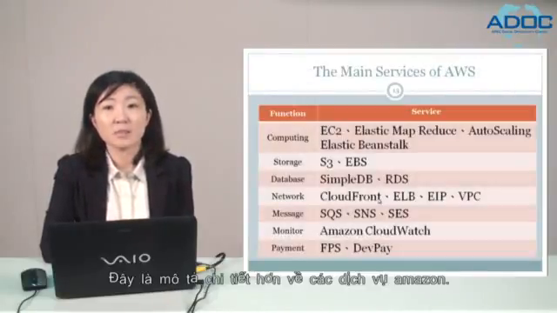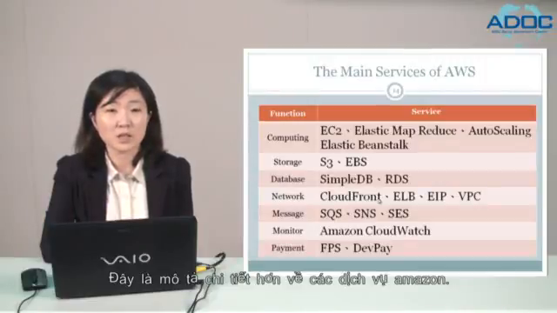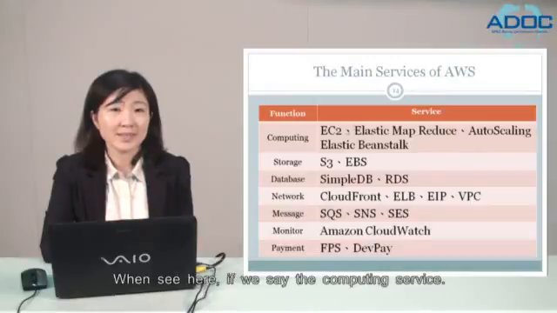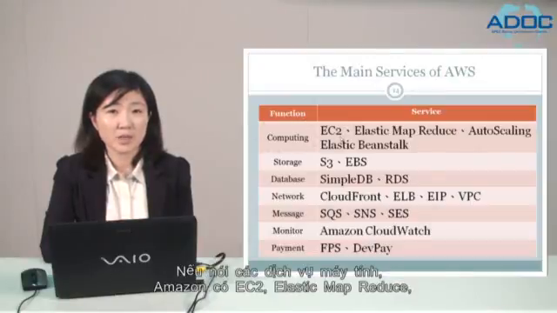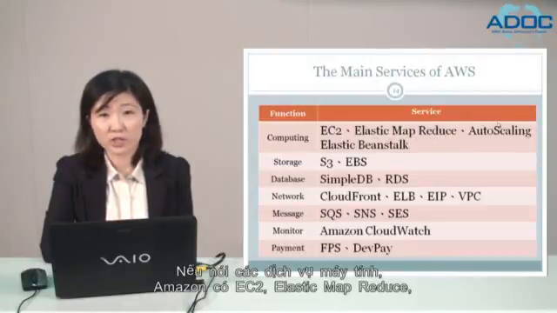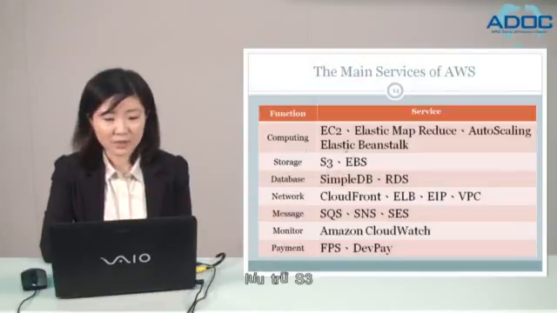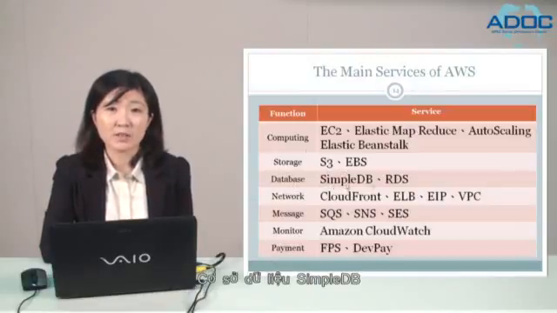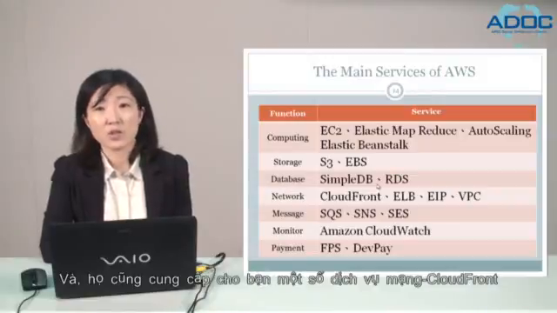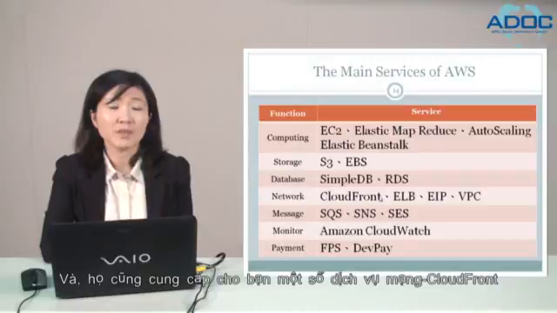Here is a more detailed description of Amazon services. We can see here, for the computing service, Amazon has EC2 and Elastic MapReduce. This is more engineer stuff. And for storage, like S3, and database, they have SimpleDB, and they also give you some network services, CloudFront.